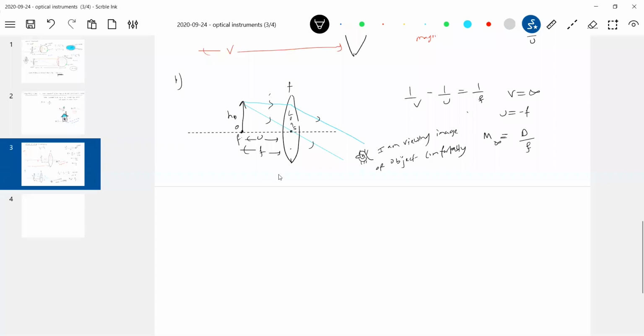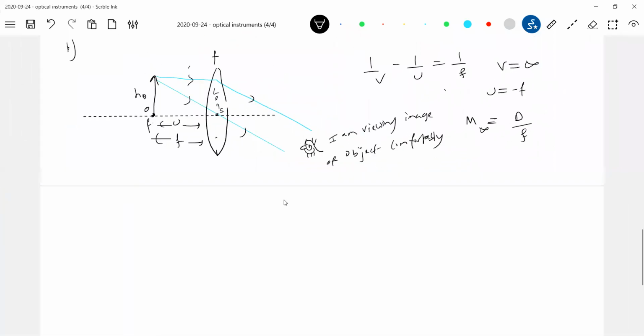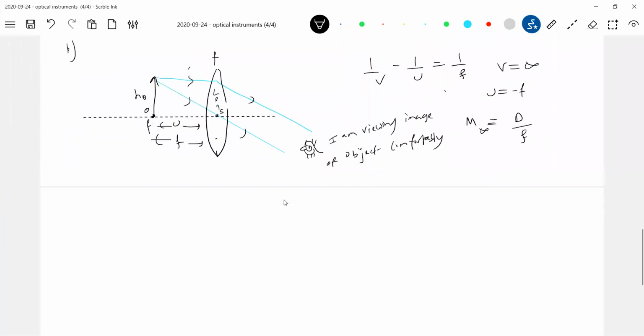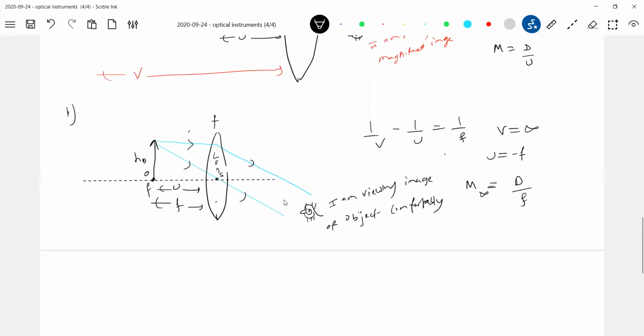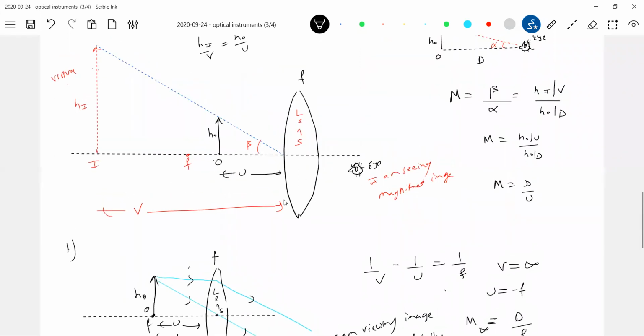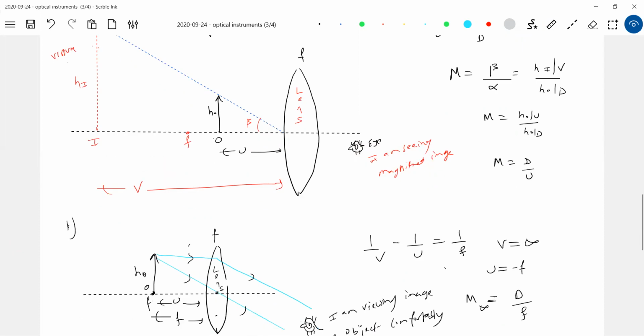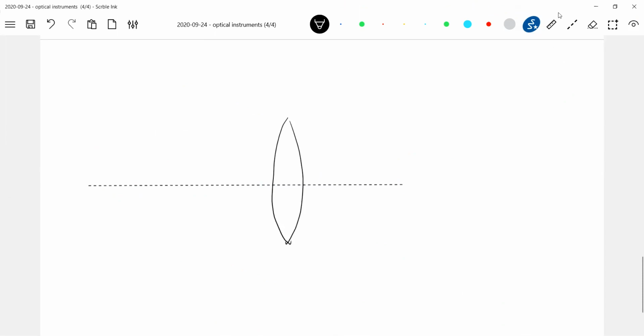Now similarly, when the image is formed at the least distance of distinct vision. So where is the image? If this image is formed at a distance of 25 centimeter, then the eye also will see that image, no? Then we'll see what conditions will arise. The same set of diagram. This is a lens.